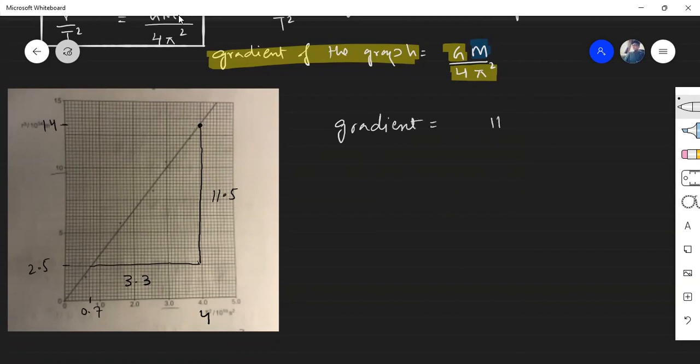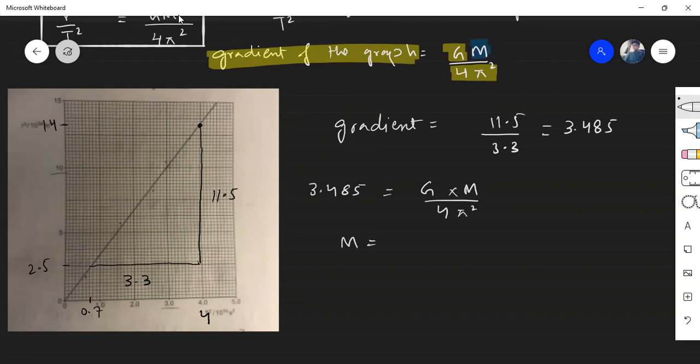So my gradient is equal to 11.5 divided by 3.3. This comes out to be 3.485. So what we're going to do is write 3.485 is equal to G times M over 4 pi square.